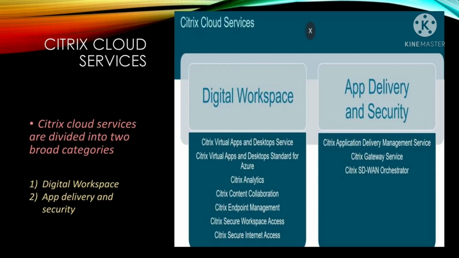Let's take a look into the backend infrastructure of Citrix Cloud to see how it works. Citrix Cloud services are divided into two broad categories. Number one, digital workspace. Number two, app delivery and security. Let's first look at the digital workspace. Digital workspace is divided into various subcategories.